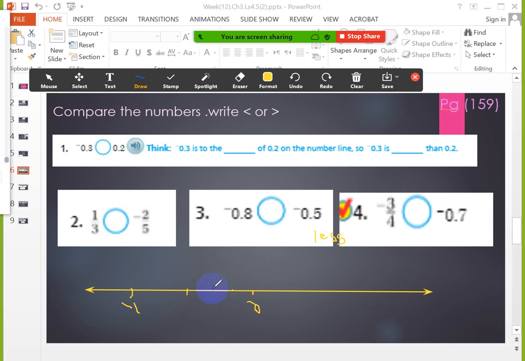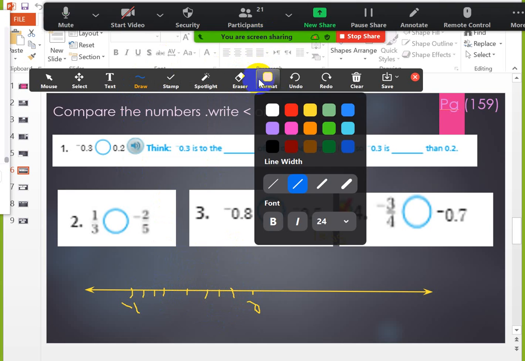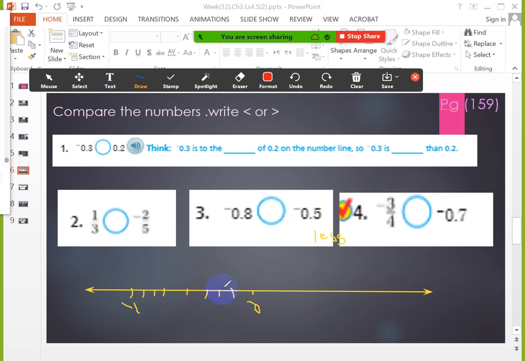I will divide the number line into 10 equal parts like this. So it will be 1, 2, this is negative 0.1, 2, 3, this one, negative 0.3.